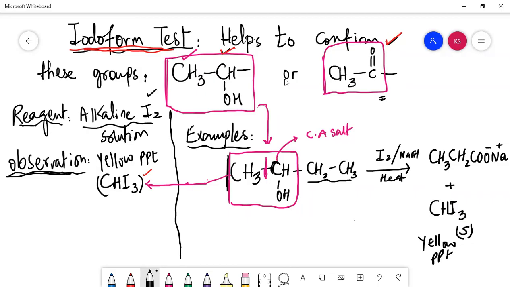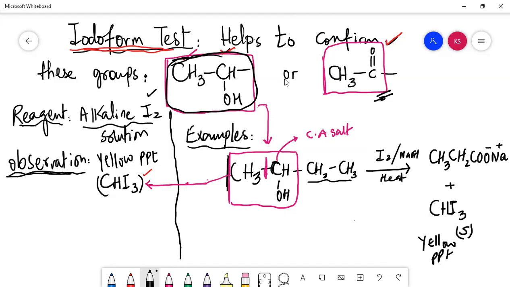So अभी जो मैंने explain किया so far, I'll explain that once again. Iodoform test, it helps us to confirm the presence of these two arrangements. Like अगर किसी compound में ये वाली arrangement present है, that's a secondary alcohol with methyl on one side, or this arrangement, तो वो that will give a positive iodoform test.